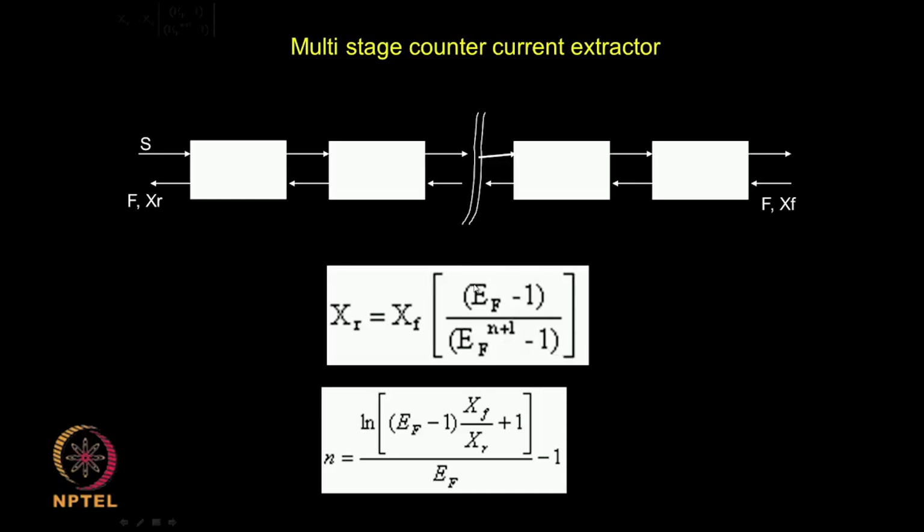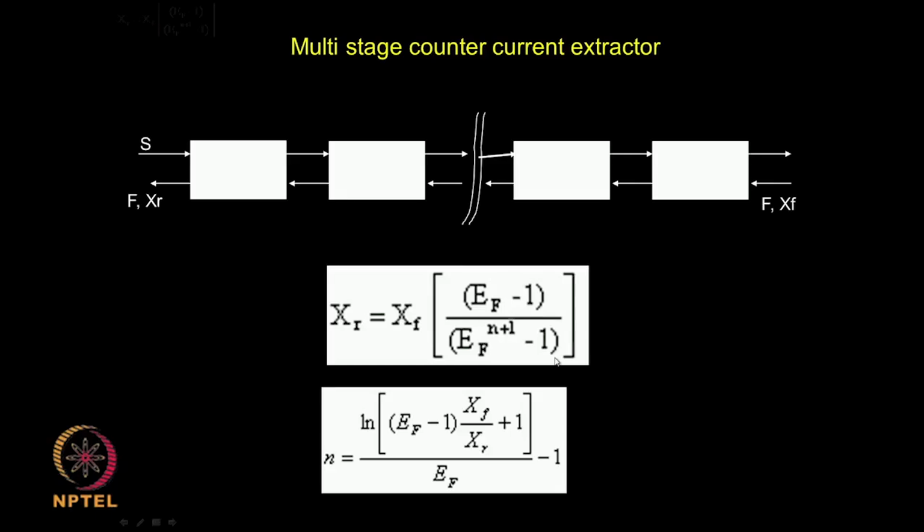Now, E is again calculated using SK by F formula. S is your solvent coming from this side to this side. So, feed is coming from this side to this side. So, solvent keeps picking up material. So, XR is equal to XF times E minus 1 divided by E to the n plus 1 minus 1.